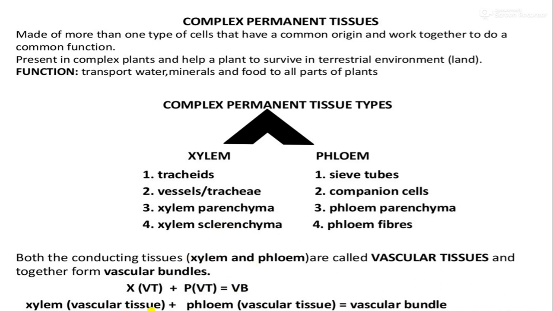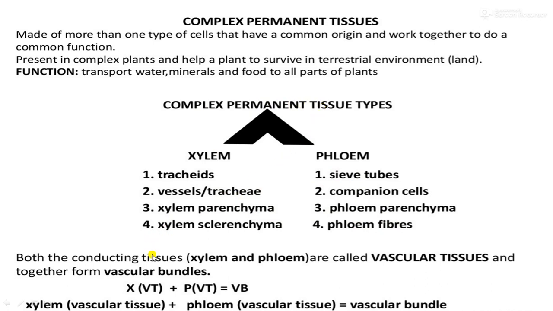The same, because they are present in between the xylem cells, because they are part of the xylem, that is why they are called the xylem sclerenchyma or xylem fibers. And phloem consists of four kinds of cells: sieve tubes, companion cells, phloem parenchyma and phloem fibers. So you understood, they are made up of four kinds of cells. That is why they are called complex tissues.